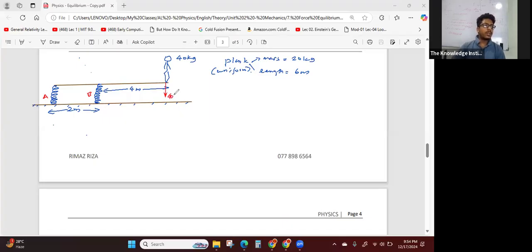Okay, and then the plank has a mass of 20 kilograms, so its weight acts vertically downward from its center of mass. So it will be somewhere here, 200 Newton. So this length is 1 meter, because the plank is total 6 meter. So the midpoint will be 3 meter, right?